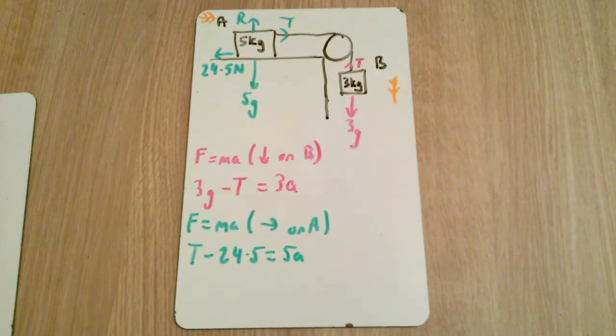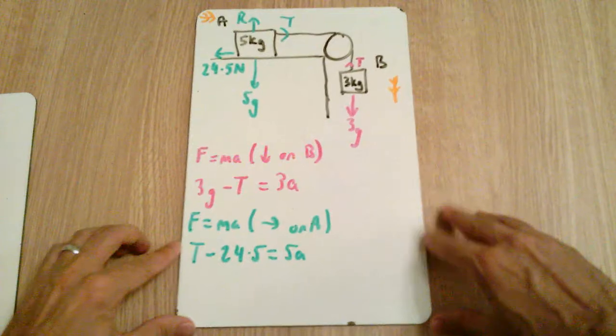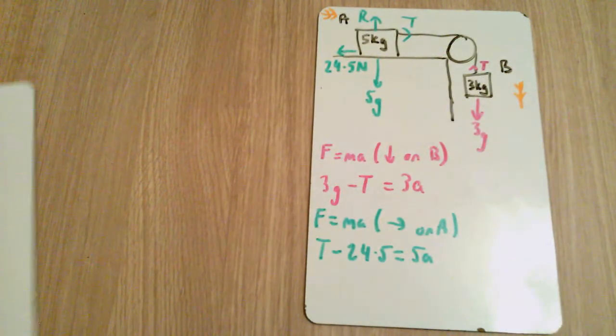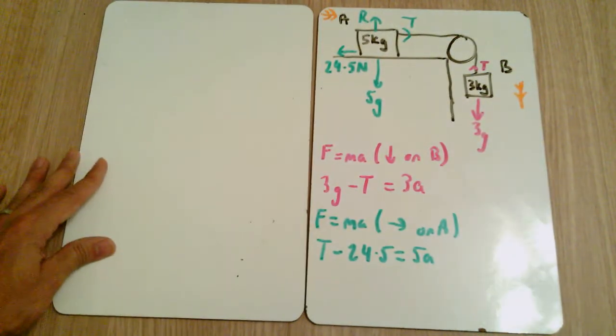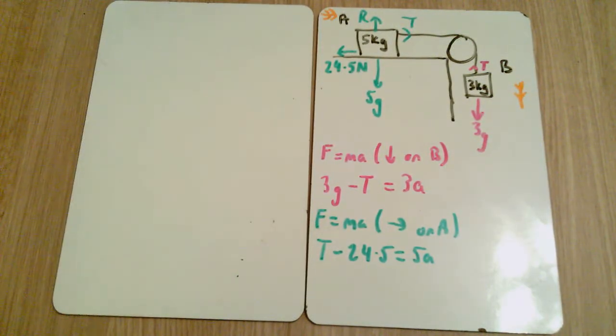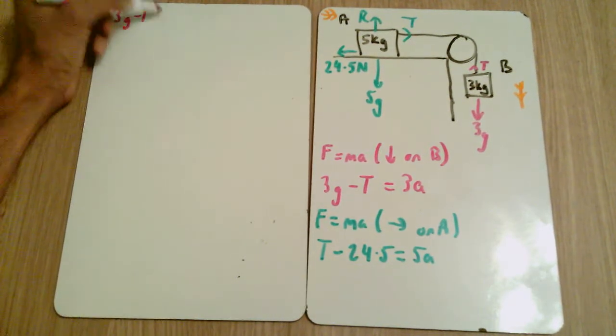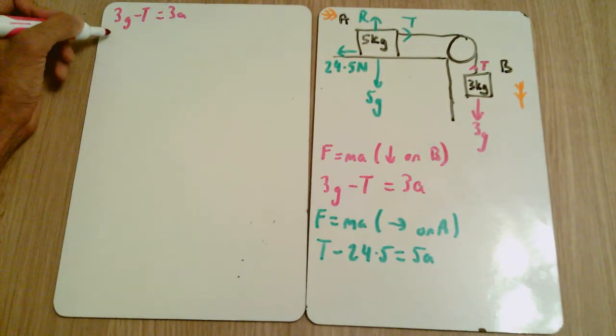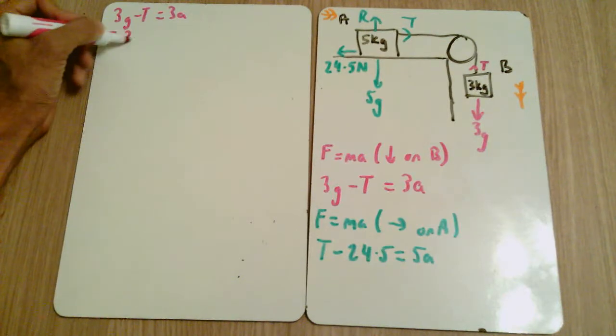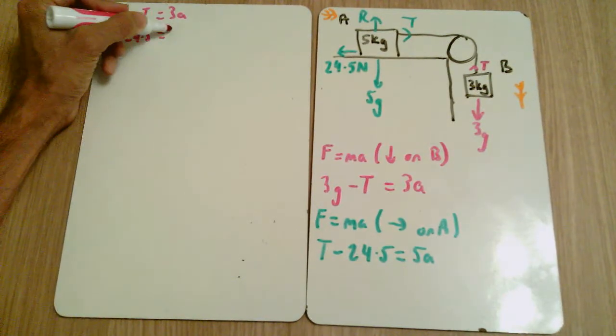So we have over here our two equations, and from this we can add those two equations together to work out our acceleration. If you write those above each other, we have 3g minus T is equal to 3a, and we have T minus 24.5 is equal to 5a.